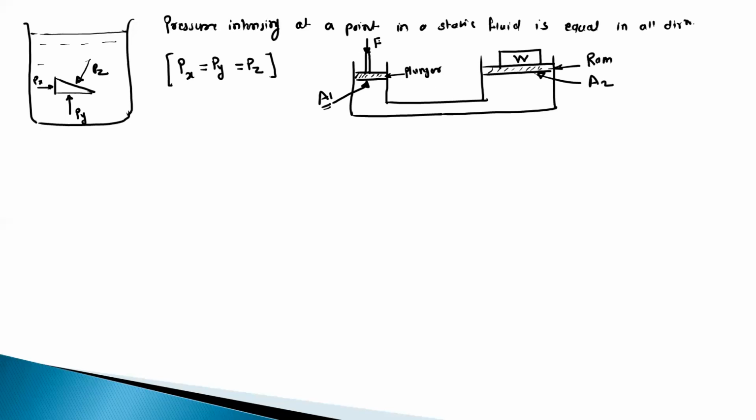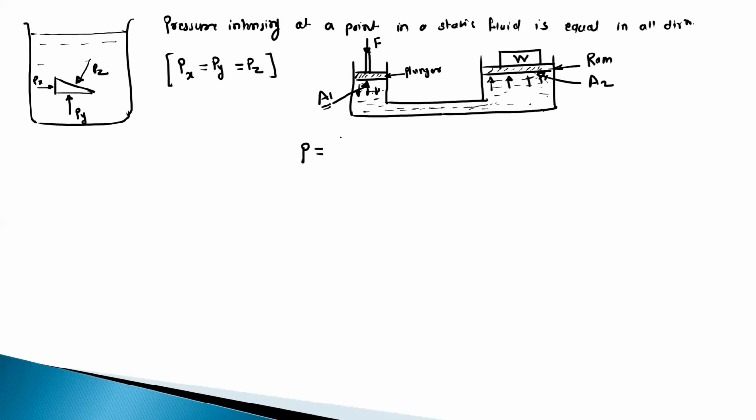Okay. So when we apply the force F, the pressure is created on this fluid because of the force F, and it is transmitted to the other side. Okay. So this pressure is the same on this plunger and on this ram. So here we can write the equation.